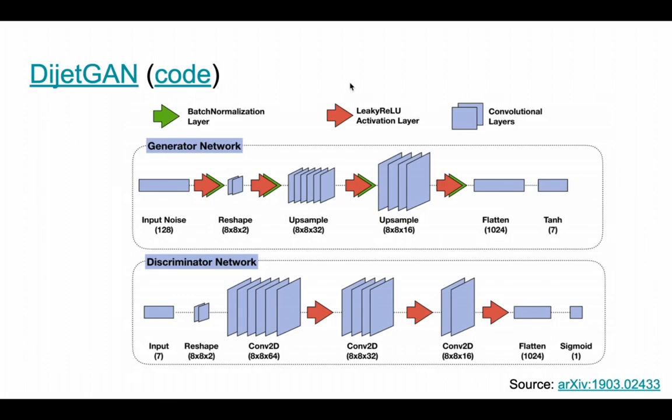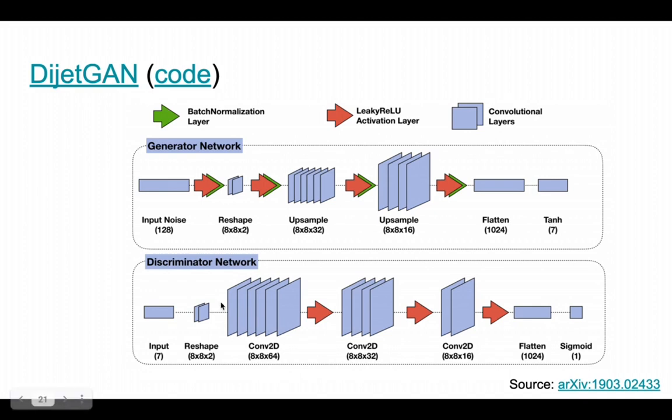We will follow a digest GAN paper. This is the architecture. The generative network will take input noise, reshape, and upsample with 2 consecutive layers, and the output will be flattened using a hyperbolic tangent as the output feature.